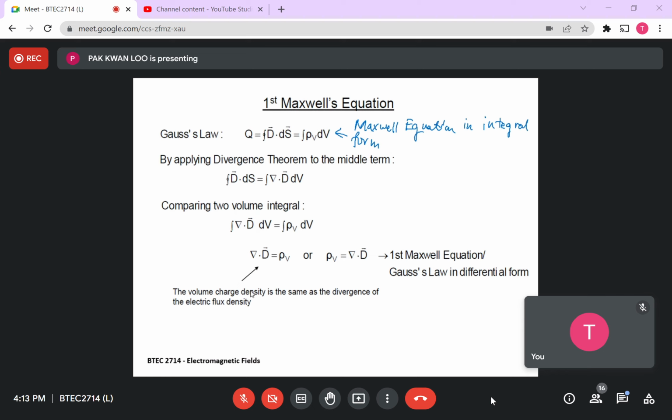Usually for the first form, the integral form, D is unknown, and we want to find out D. However, for the point form, usually D is known, and we want to find out what is the charge density. That is the typical application of this Maxwell equation, or Gauss law.